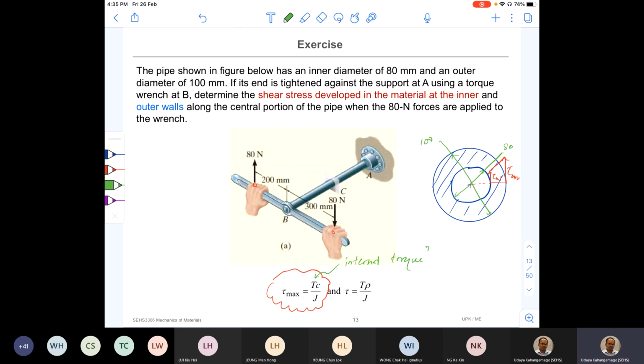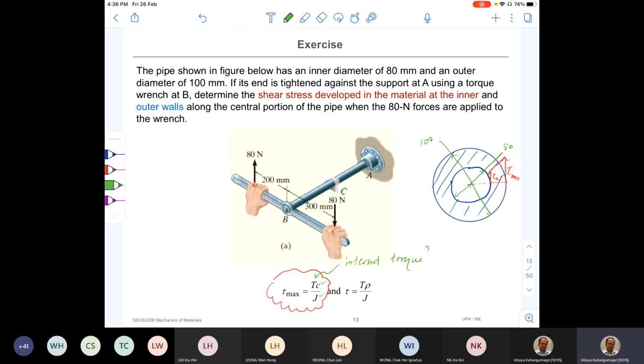We need the shear stress and shear stress distribution at the midsection, at C here. That means we need the internal torque at that section. If you can find the internal torque at section C, the rest is given, right? The geometric details, C and J, we can find easily. So the only thing here is to find this T.